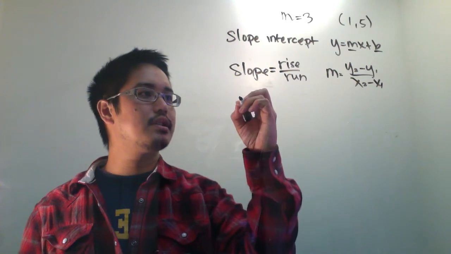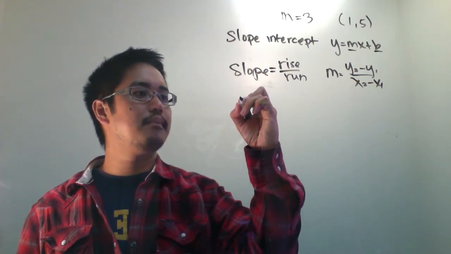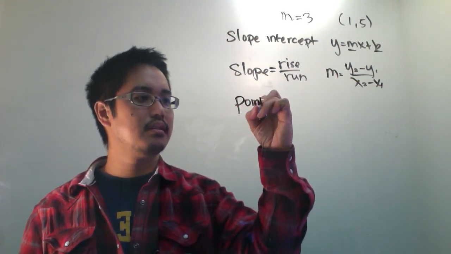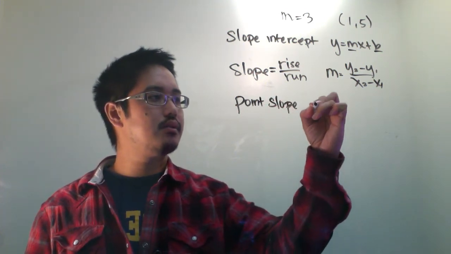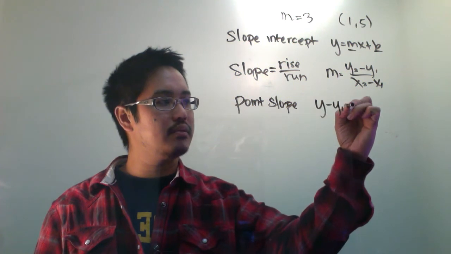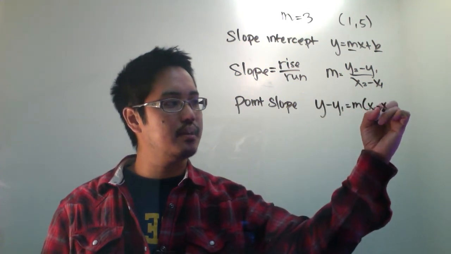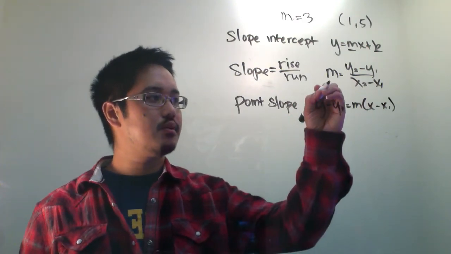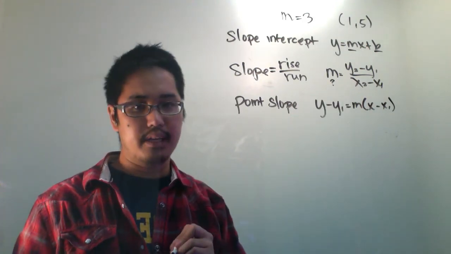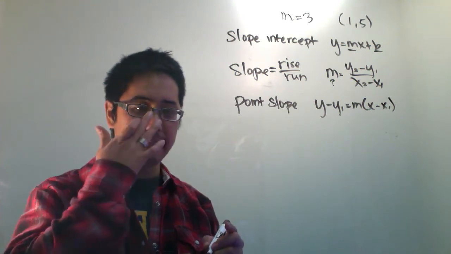There's another equation, and this one's called the point slope formula. And this one goes y minus y1 equals m times x minus x1. Now, in the earlier case, we didn't really know the m, and so we wanted to calculate it.